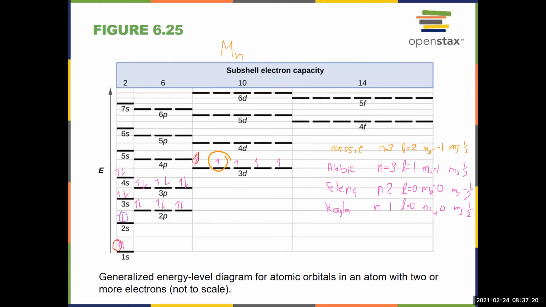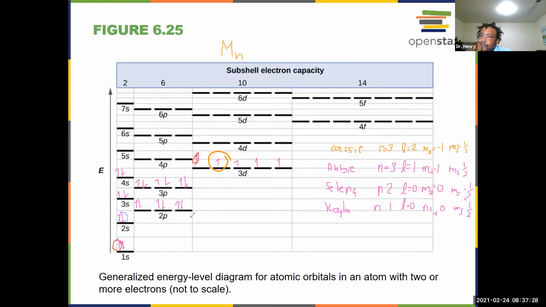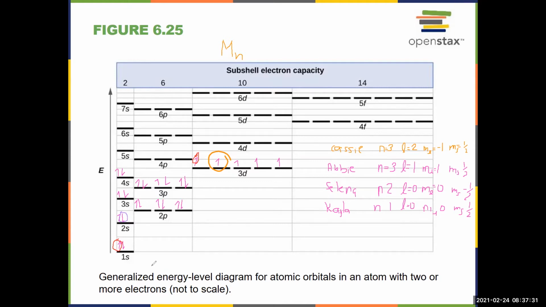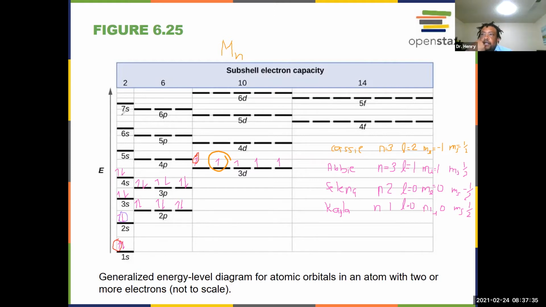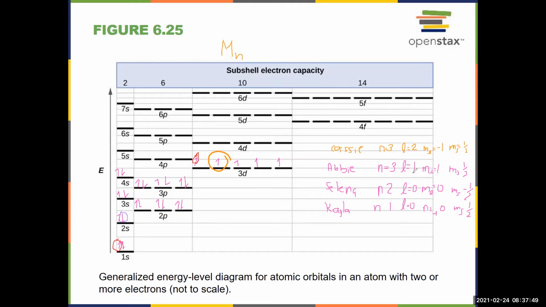Okay, I think I'm wrong. Which one is yours, Abby? The one next to Cassie. Okay, hold on. Abby has n = 3, so it's the third energy level. l = 1.